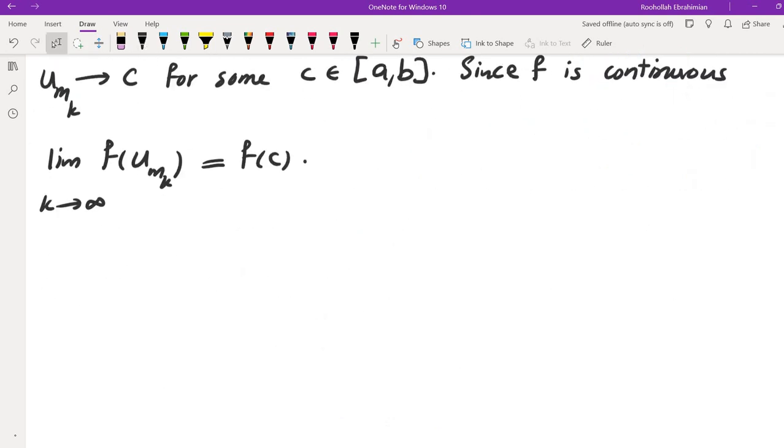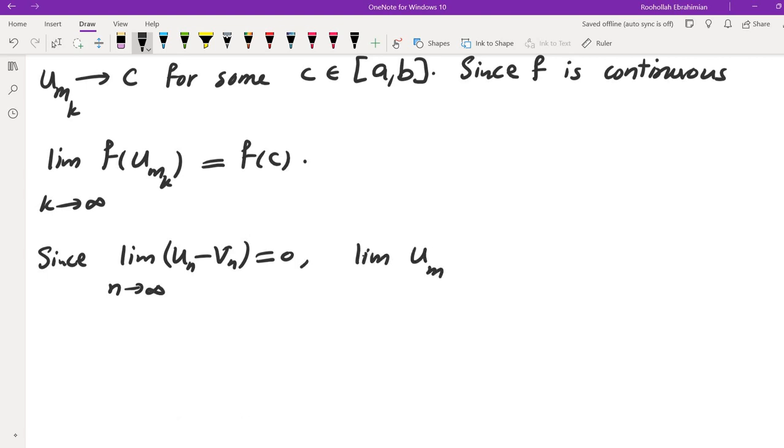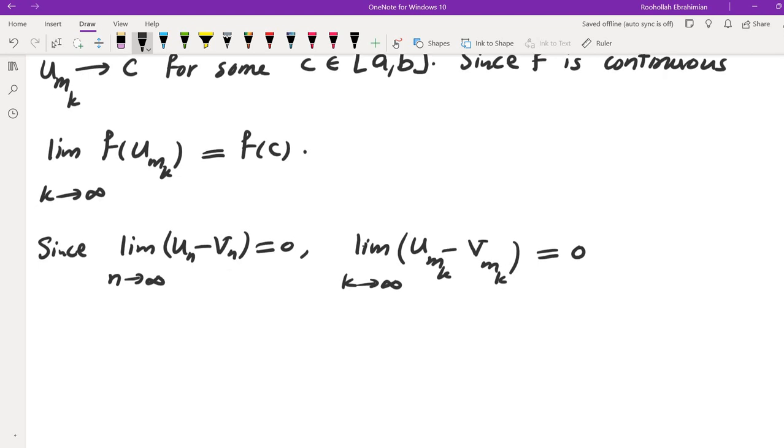So we know this. Since the limit of u n minus v n is 0 as n approaches infinity, the limit of u sub m k minus v sub m k as k approaches infinity is also 0. Now, u m k approaches c, therefore v m k must also approach c, and that's not very difficult to see.